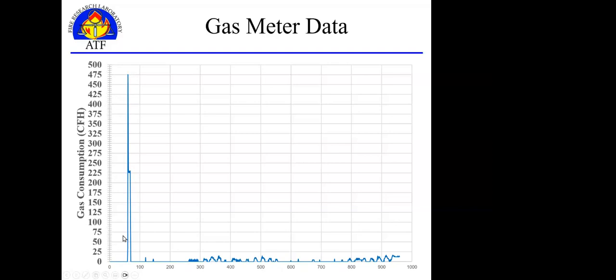So using something like this can be beneficial in that you can actually get a timeline of when the explosion or when the gas actually started leaking. I was actually talking to an engineer last week who said the same thing. They had an explosion where the occupant intentionally broke the line. And so they had typical gas usage, something like this, maybe 10, 15 cubic feet per hour.